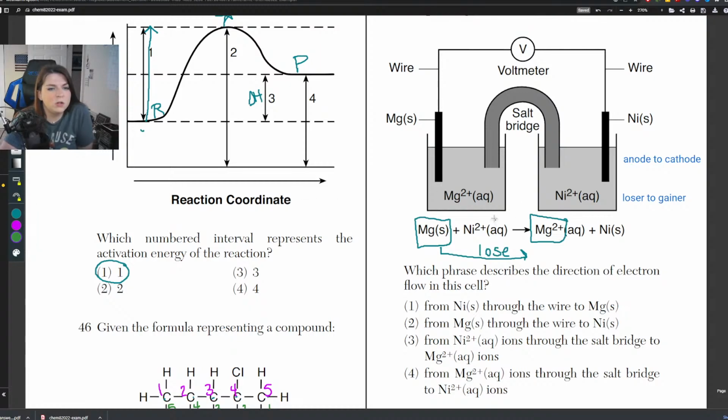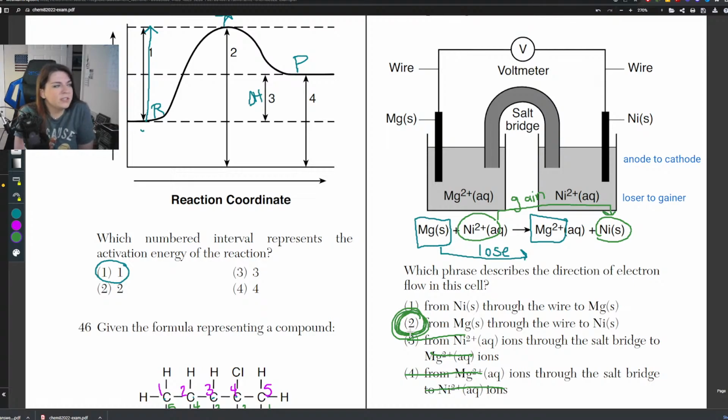If we have nickel with a +2 becoming a nickel atom, it has to gain electrons. So they're going to go from magnesium to nickel. Electrons do not move through the salt bridge. The salt bridge is for ions. It's these ions that are swimming around in the pools. The electrons have to move through the wire. So they're going to go from magnesium to nickel.